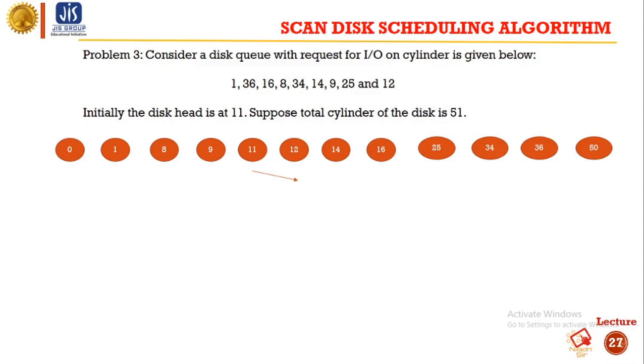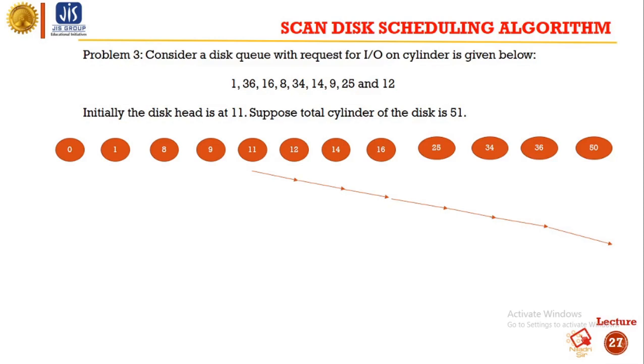From 12 to 14, from 14 to 16, from 16 to 25, from 25 to 34, from 34 to 36, and from 36 to 50. So we have already moved in one direction.